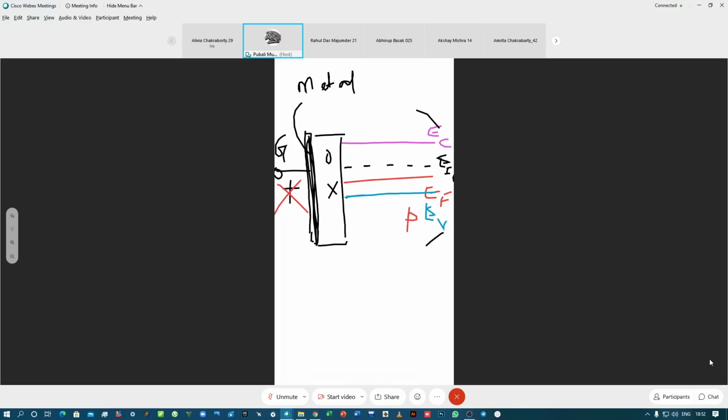So that is the normal distribution of your energy levels: EC, EV, conduction band edge, valence band edge, intrinsic Fermi level, and extrinsic Fermi energy level. Okay.